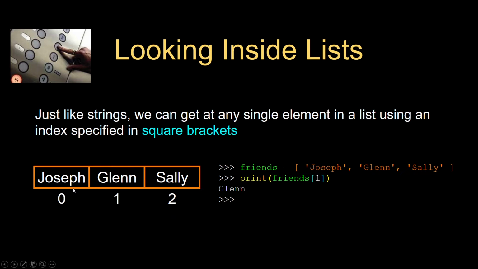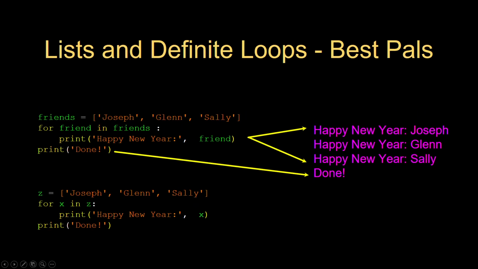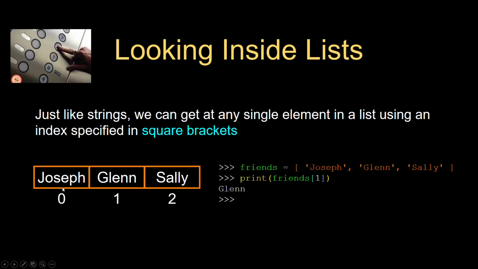So if I want to print these 3 elements using a different style than the previous one, previously we said for X in Z. X is the loop control variable, Z is the list. For X in Z, X automatically picks up every element. We did not use any index here, but we can also use index.